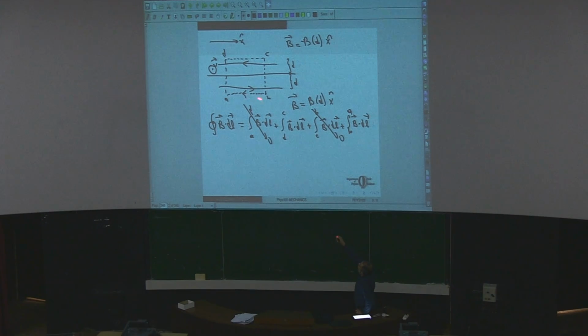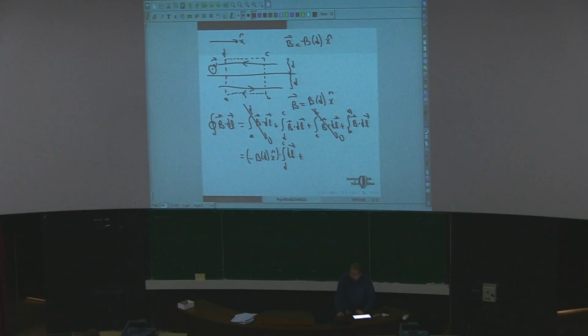Now, as I'm moving from D to C, B is just a constant. Since B is constant, I can just take it out of my integral, and this B is given by this constant, minus B as a function of t in the x-hat direction, times the integral from D to C of dl.